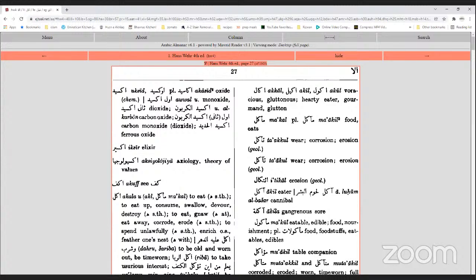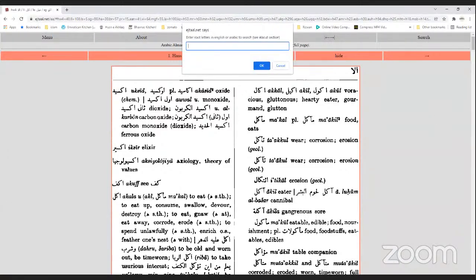Now, what is the first word? What was the word that I was talking about? Hadara. I will just go to search, and here I will just type Hadara without even the signs.